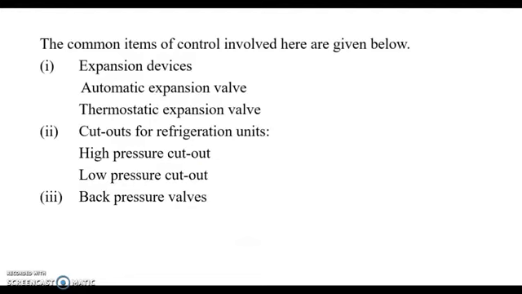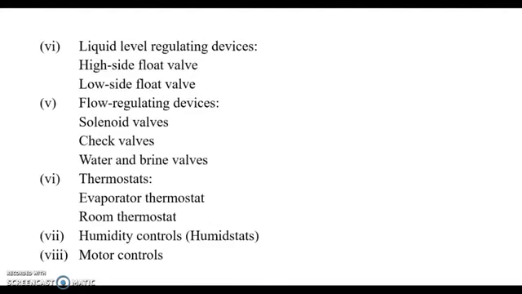The common items of control involved here are given below. Expansion devices: automatic expansion valve, thermostatic expansion valve. Cutoffs for refrigeration units: high pressure cutoff, low pressure cutoff. That is, the back pressure valves. Liquid level regulating devices: high side float valve, low side float valve.